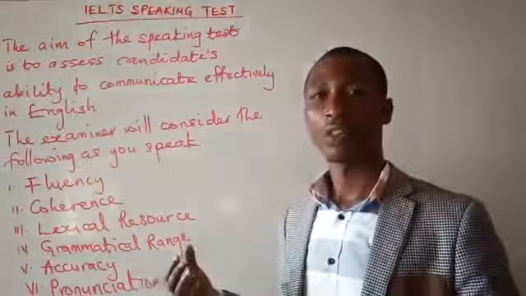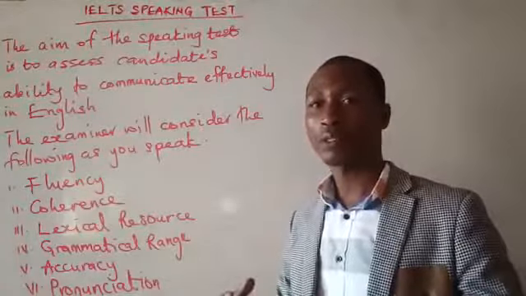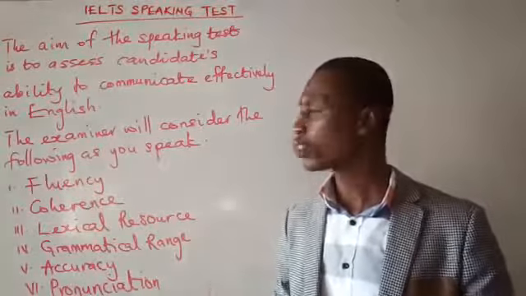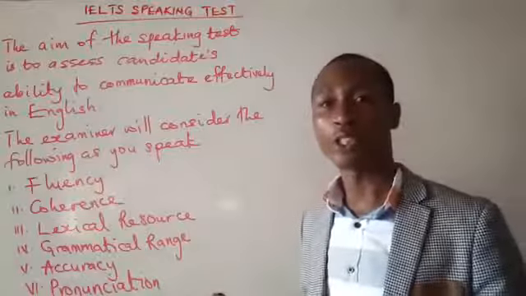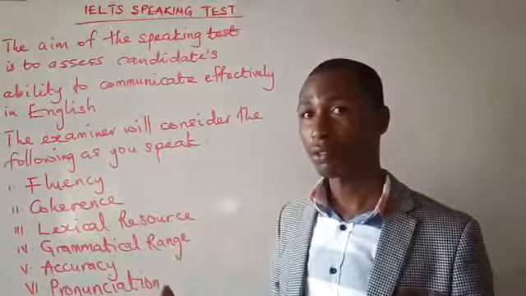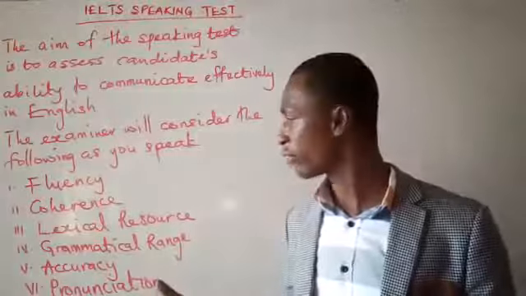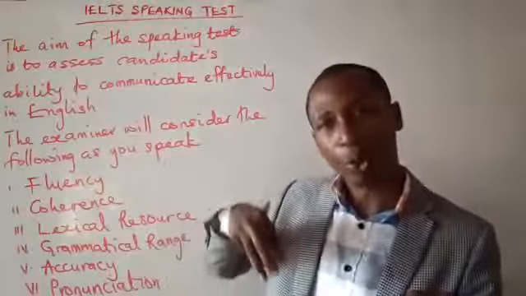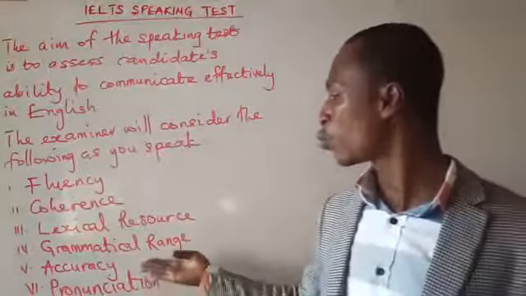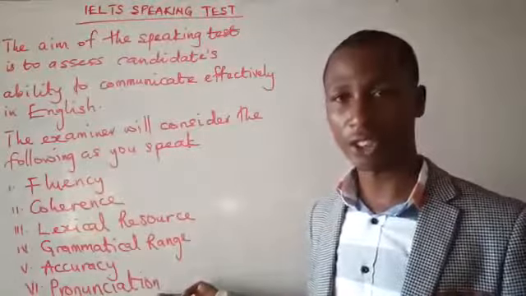The coherence: how you build points, how you link one sentence to the other, using the correct linkages to be able to make your language very rich. Now, the lexical resources. Are you bankrupt? Do you have rich English that you can use anytime you are expressing yourself? The grammatical range, the depth of your language. How deep is the language you are speaking? They will also look at accuracy, and then your pronunciation.